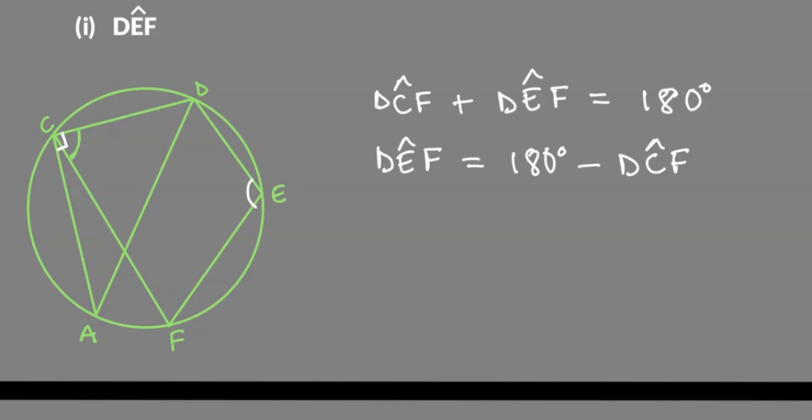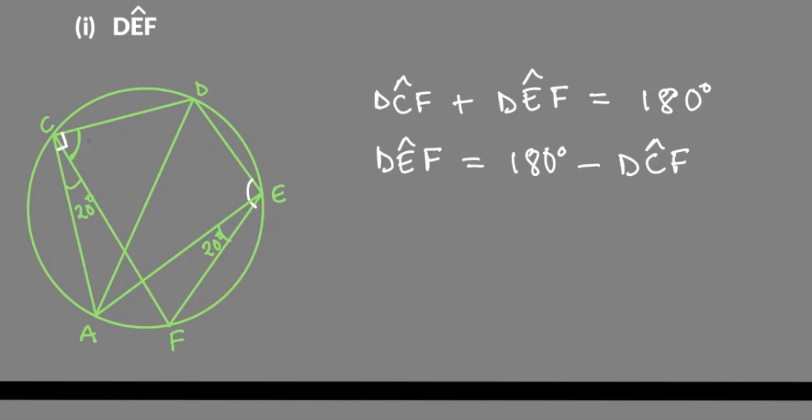But if you look in the diagram, we already have that angle. The question told us angle AEF is 20 degrees. And we already have established that since this is 20 degrees and this angle AEF and ACF are in the same segment, we can conclude that this angle here is 20 degrees also.